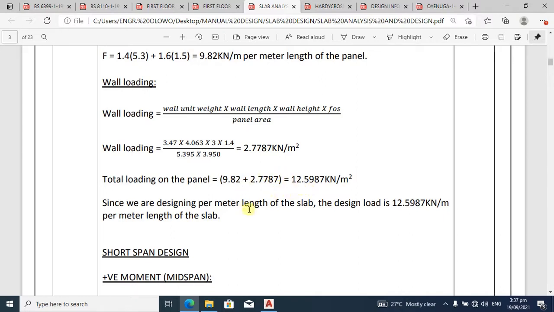Therefore, this is the loading on the slab at every 1 meter. Since we are designing per meter length of the slab, we are going to say the loading on this slab is 12.5987 kilonewton per meter length of the slab. Is that clear now? So that is that.